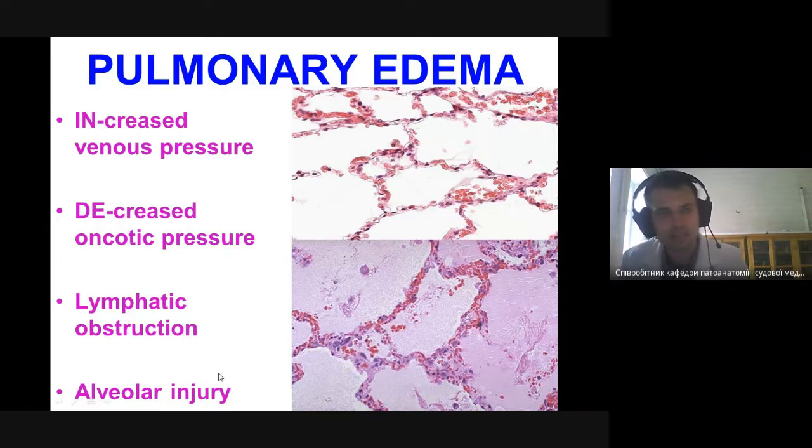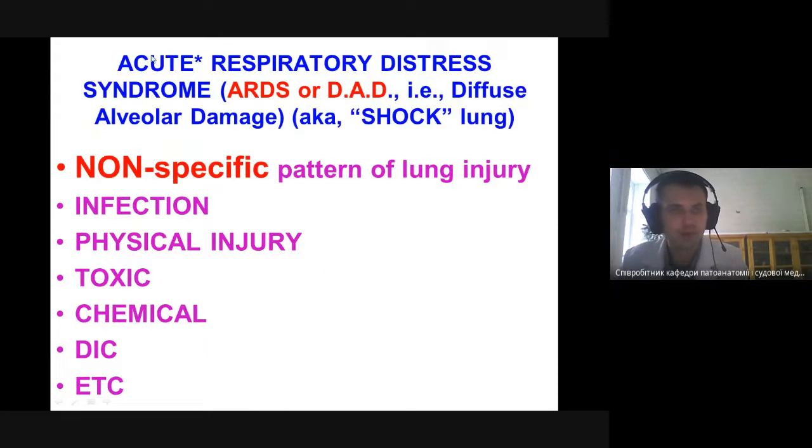In alveolar injury, we call that acute respiratory distress syndrome. Morphologically, the name is diffuse alveolar damage, or shock lung. It is a non-specific pattern of lung injury. It could be because of chemical, biological, or physical factors. Some students asked me to explain each pointer.